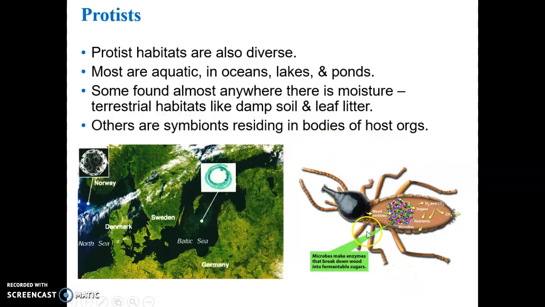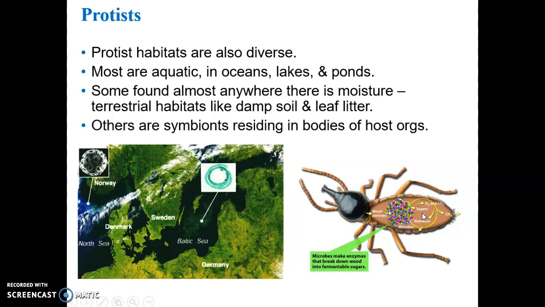So in this figure here we have a termite. A termite ingests wood, eats wood particles, but the termite itself doesn't have enzymes that can break down the wood to release nutrients. Within its gut, it has microbes. Some of them are protists that can actually break down the wood. So that provides energy for the microbes, and some materials that get released, like some sugars, then provide nutrients for the host termite.